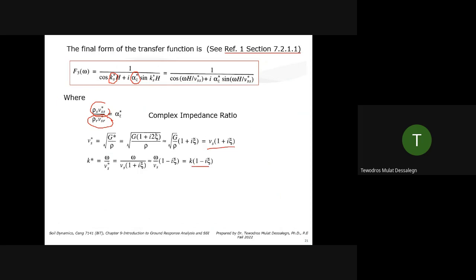But now the new term here is the complex impedance ratio. When the wave passes from the rock to the soil, now we're capturing it in terms of the rock properties also. It's not only soil properties. So this alpha z is what's containing the rock part.